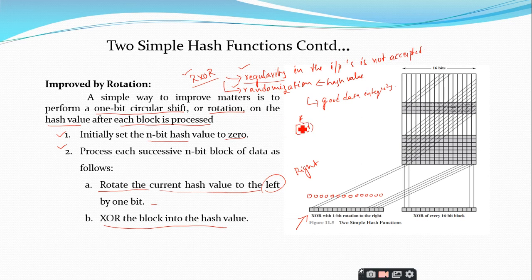And we have seen two different functions. One is the XOR and the second one is rotated XOR. Although simple, XOR or rotated XOR is inefficient if only the hash code is encrypted.